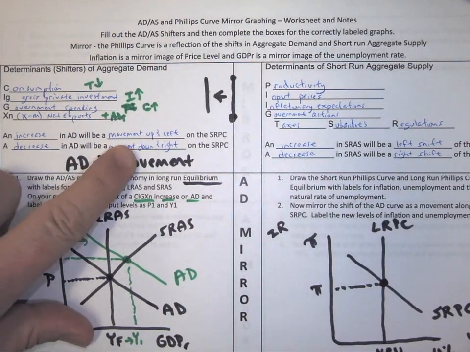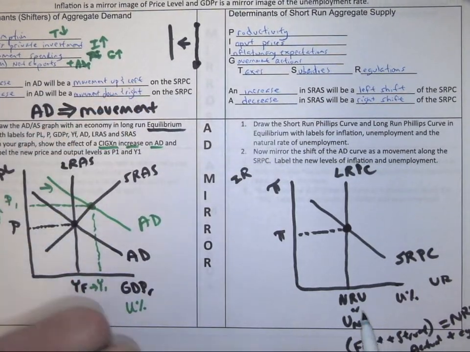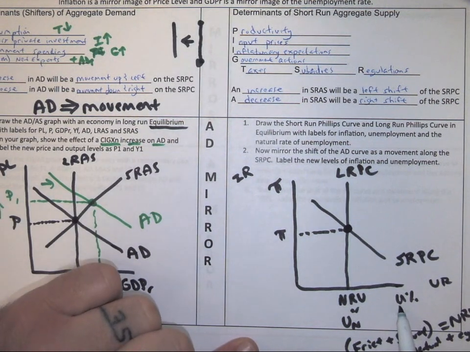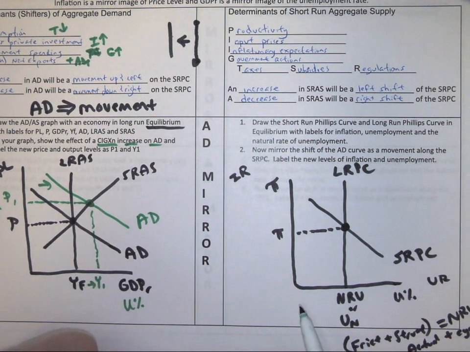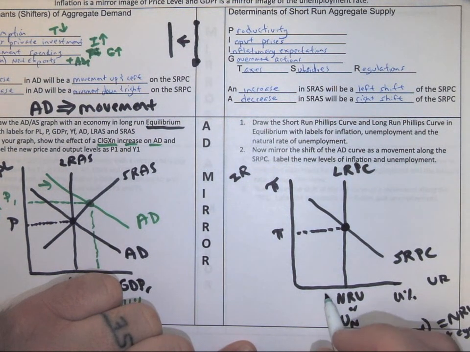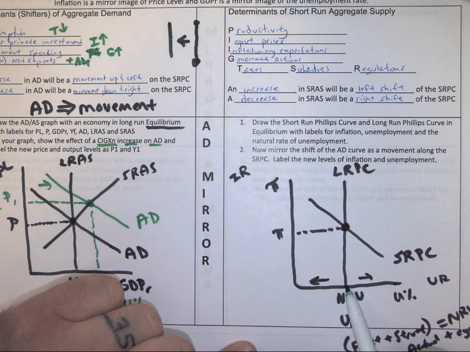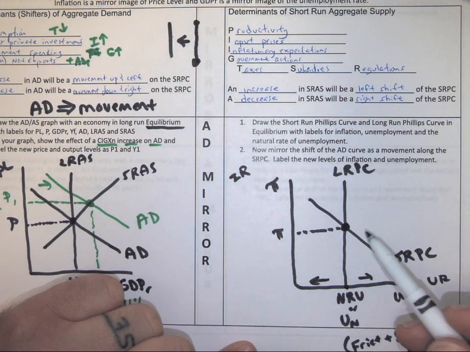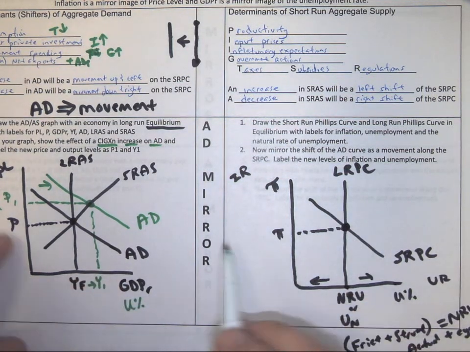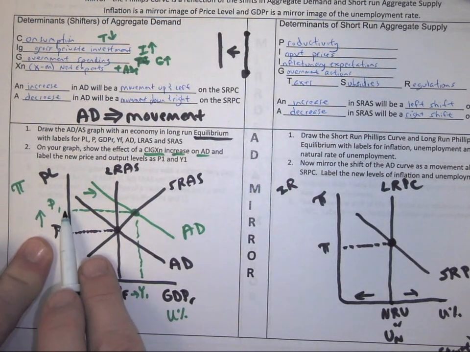So if we have an increased aggregate demand, we'll have a movement up and to the left. So this is unemployment. Unemployment decreasing is this way, where we always decrease left and increase right. So if we're right here at that amount of employment, I know that I'm going to have to make a movement. And so what else happened over here? Price level went up.